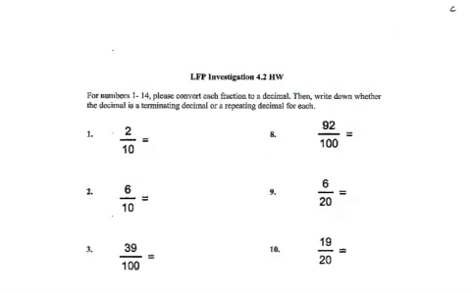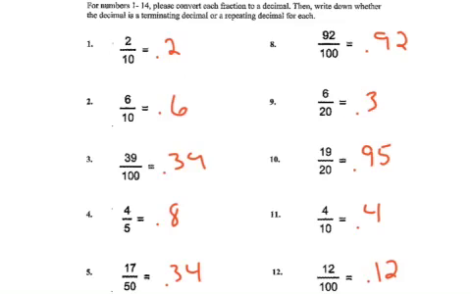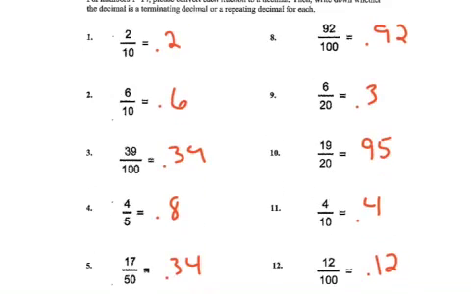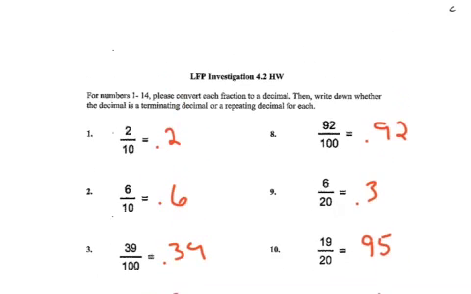On this page, what I'd like you to do now is try to convert the fraction to a decimal, and then write down if it is terminating or repeating, so you can pause the video, and once you're ready, you can press play and check your work. Okay, if you just press play, you will see all of my decimals, and you would see that every single value on this page was terminating.